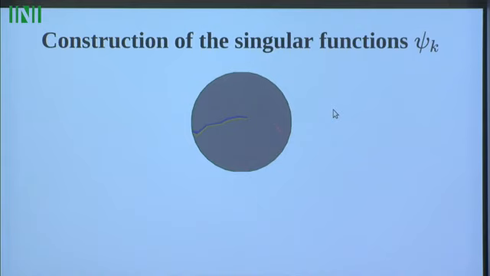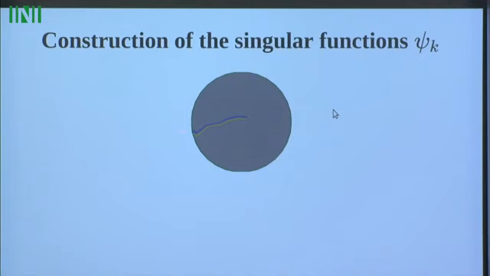For instance, here I have a small singularity of my field on one of those triangles, and then I create a path from the triangle where the singularity lies to the boundary of the domain, and my singular function psi is equal to 0 everywhere in the gray area, except along this line where it's discontinuous.